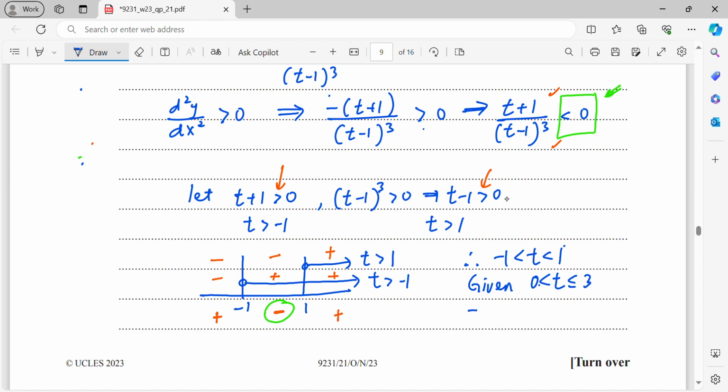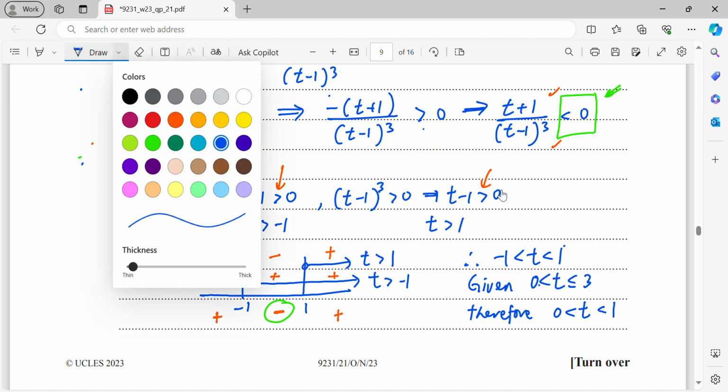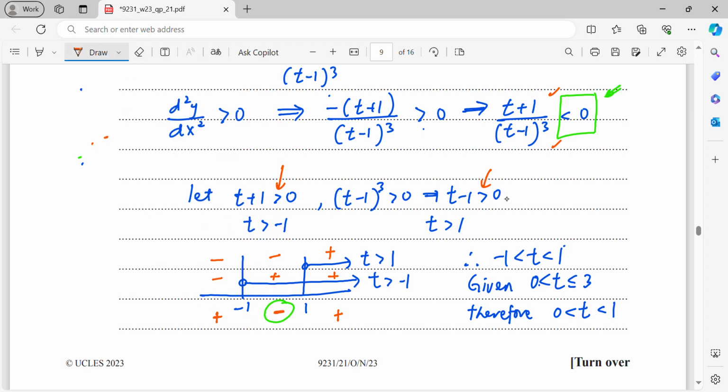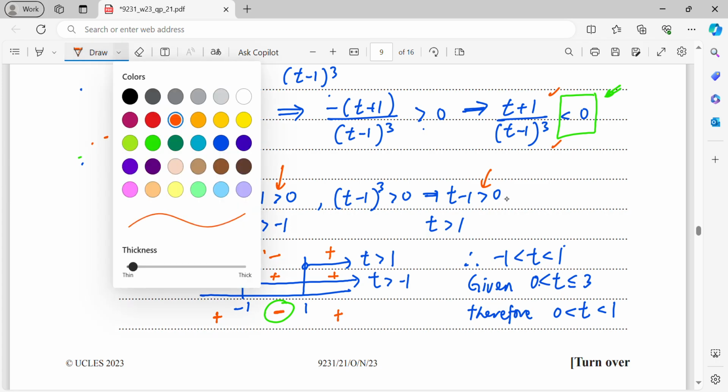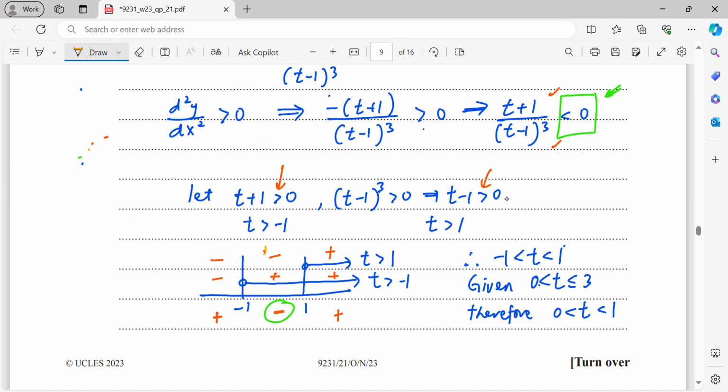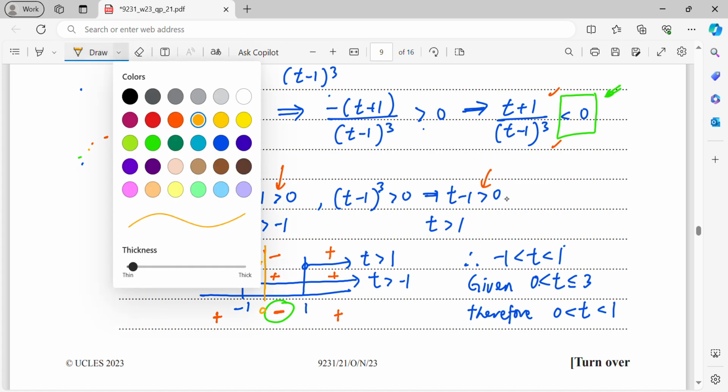So therefore, the t will be between 0 and 1. So ignore this part. Here, probably you add on the 0 here. So this part will be ignored, because it does not define for the x and y. Alright, so that's the solution of this question.